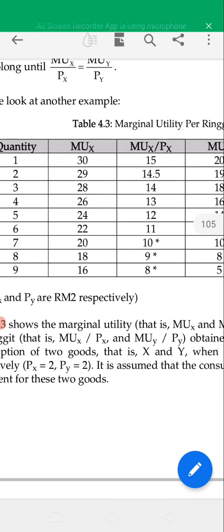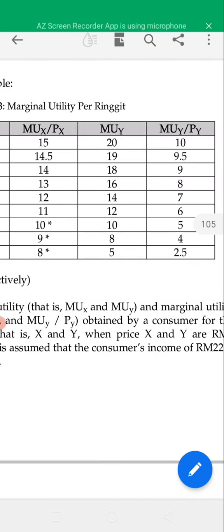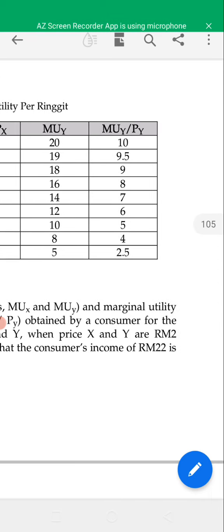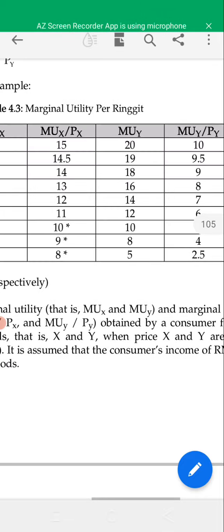The third one is 28 divided by 2, which is 14, and so on and so forth. It's the same thing for the MUY, the marginal utility of Y. They were dividing the marginal utility of Y by the price of Y, which is also 2. So here you get 20 divided by 2, 19 divided by 2, and so on and so forth.